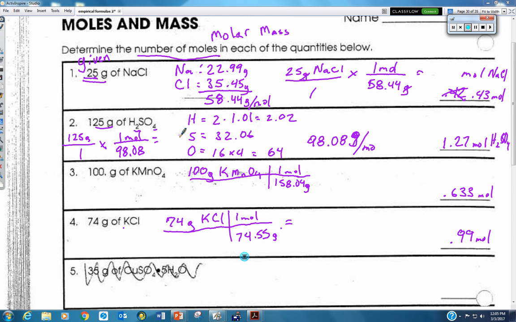So 100 grams divided by 158 gives us 6.633 mole of potassium permanganate. And for number 4, if we're given 74 grams of KCl, and when we do the math to solve for the molar mass, we get 74.55. So that is 0.99 moles of potassium chloride, or essentially 1 mole of potassium chloride.